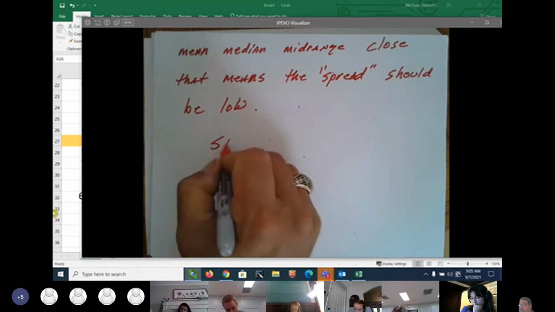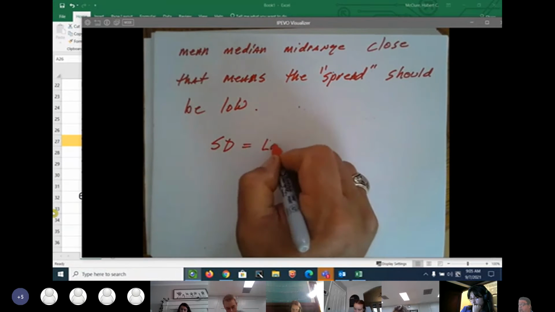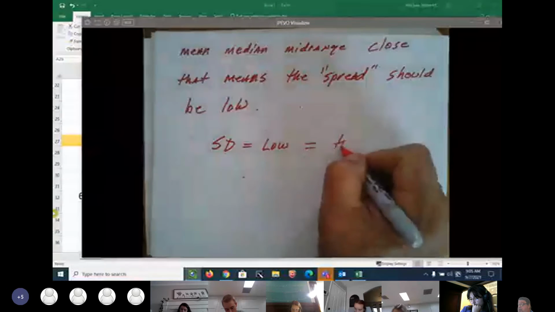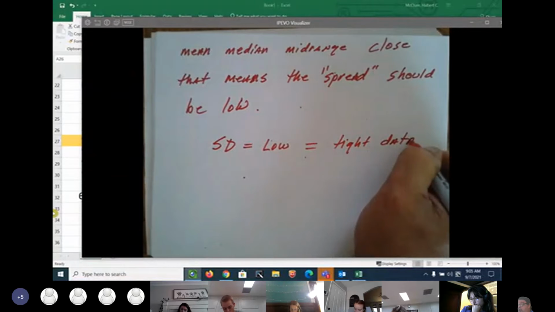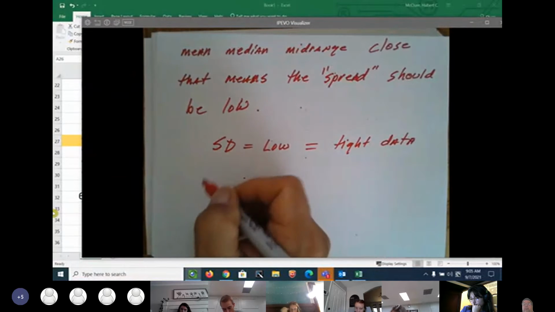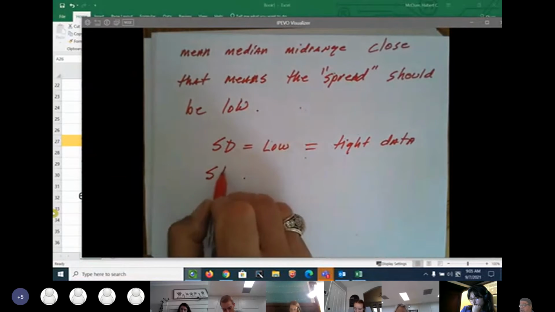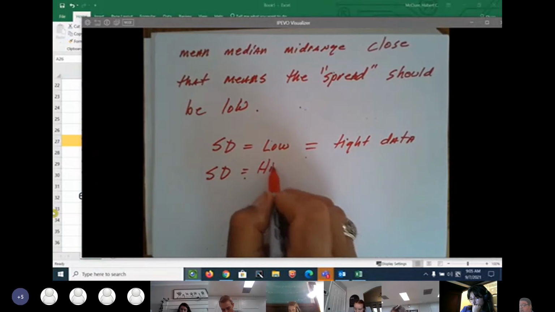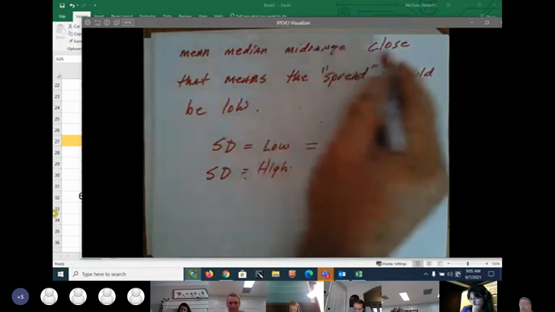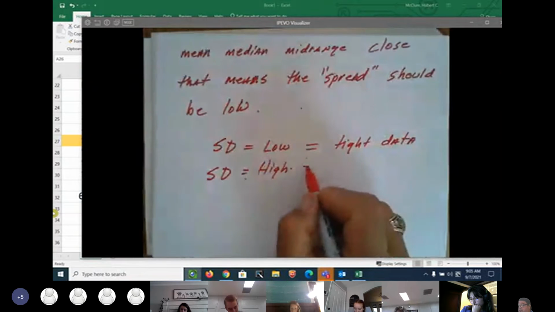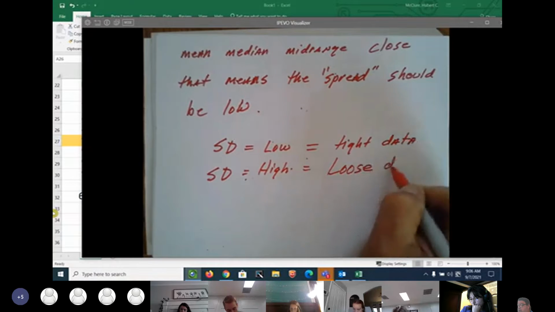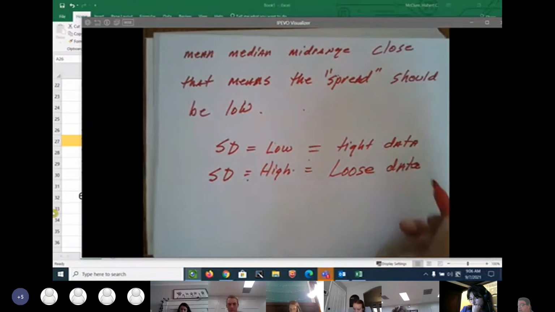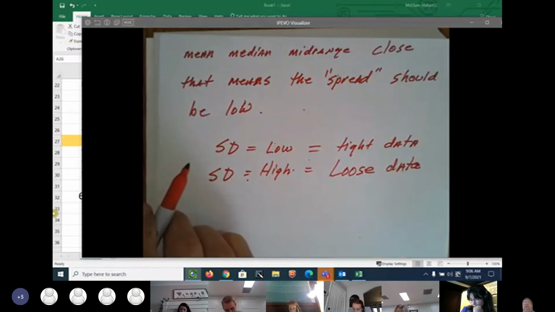When the standard deviation is low, that means you have tight data. That means your data is close together. When the standard deviation is high and the numbers aren't close, that means your data is loose. That means you got a lot of variation in your data.